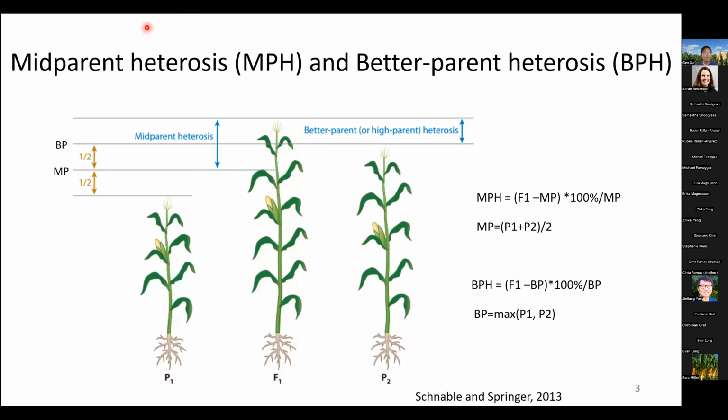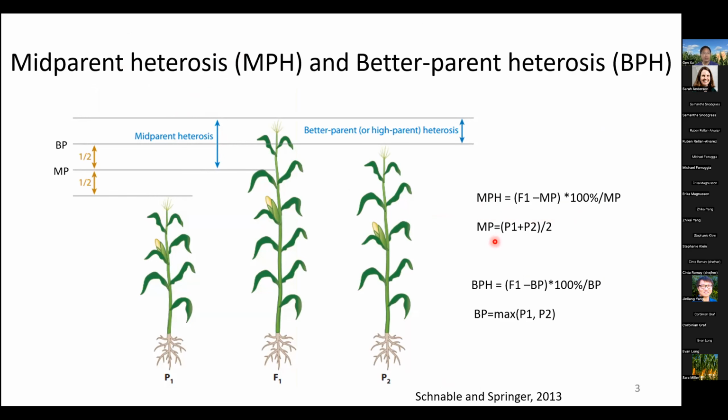Now there are two measurements for heterosis, middle parent heterosis and best parent heterosis. For middle parent heterosis, MPH, people use F1 minus MP, divided by MP.